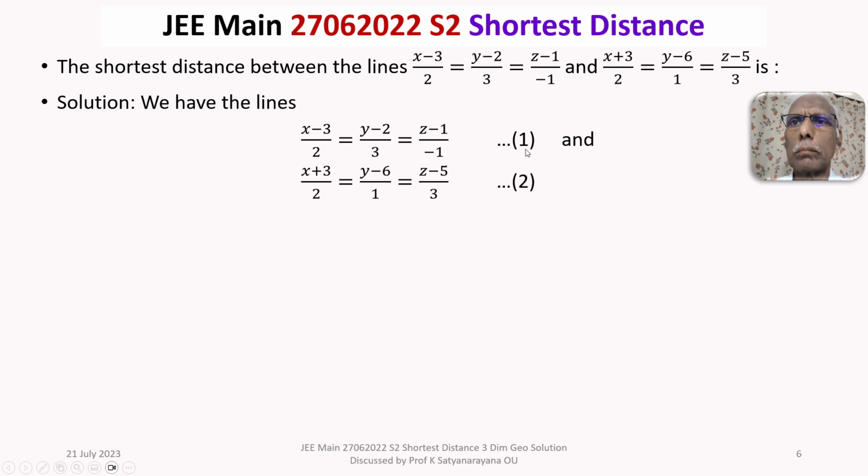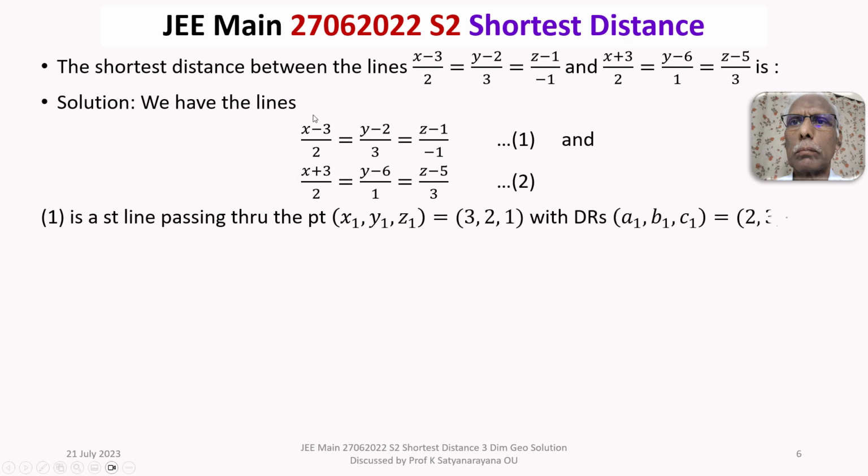The first line passes through the point x1, y1, z1 equal to 3, 2, 1 with the direction ratios a1, b1, c1 equal to 2, 3, minus 1.